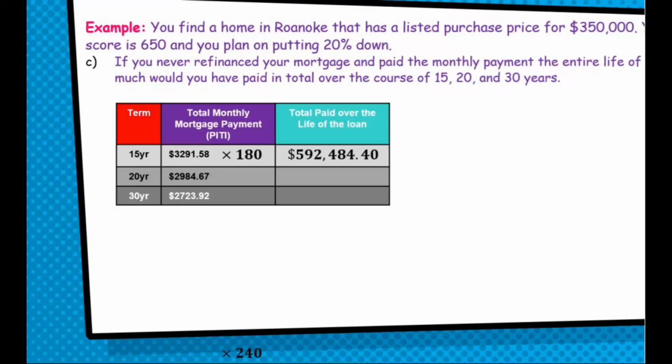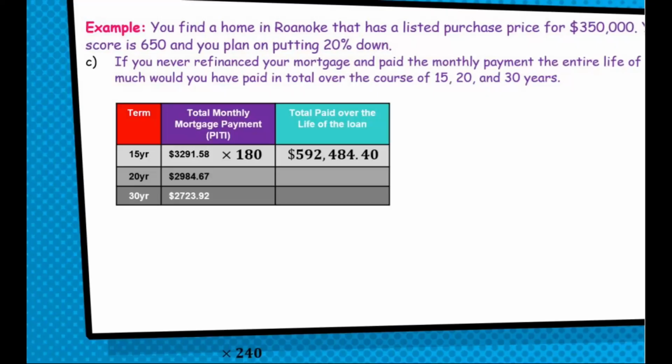We can see how much interest, and some of that's taxes and insurance too. Those amounts vary from year to year. Your mortgage payment can adjust because taxes and insurance are not fixed. They're fixed for like a year, but they can adjust. Sometimes interest rates are adjustable too, depending on what type. Your mortgage company will explain that to you.